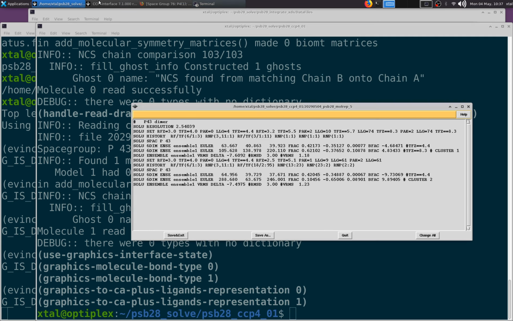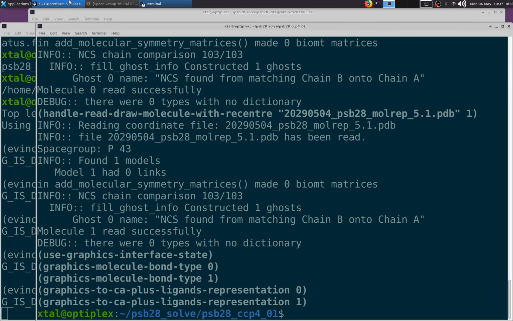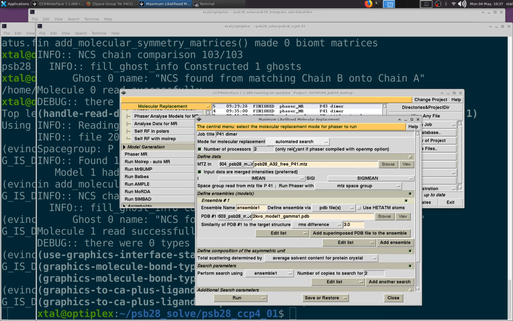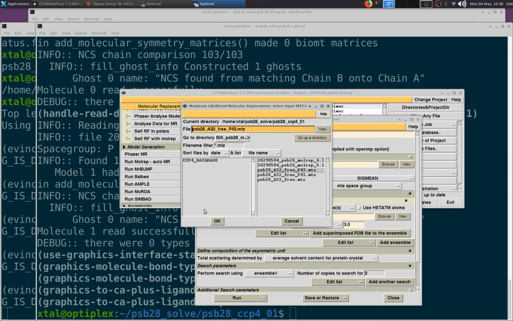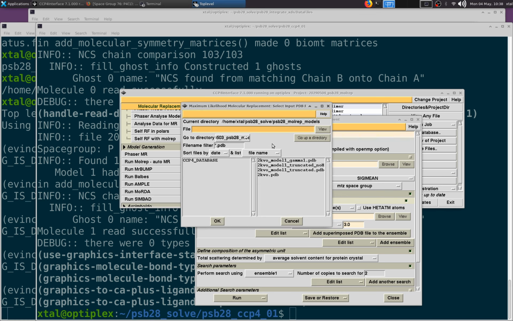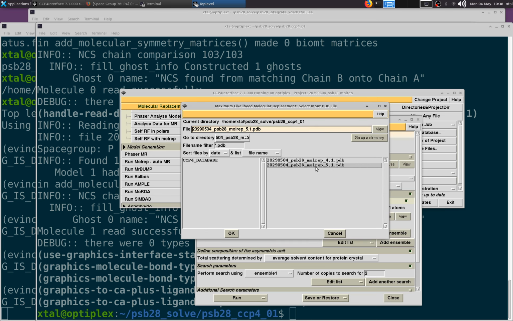Okay, so let's start the next search. We'll do a new Phaser job in now P43, search 2 dimers. P43, running with the MTZ space group, and we will now use as our search model the result in P43 previously.